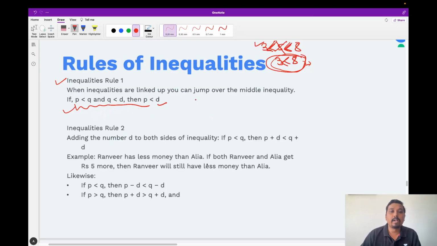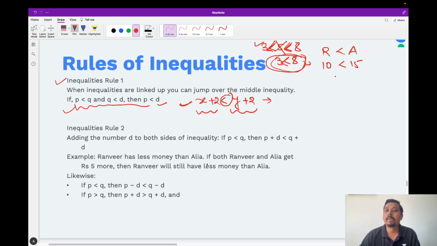Now in inequalities, if I have given X is less than Y, and you add the same number on both sides, the inequality sign will not change. It will not happen that this side will become greater than this side. A simple example: if I have Ranveer and Alia, one has 10 rupees, another has 15 rupees. Now if I give 5 rupees extra to both of them, what will happen, guys?